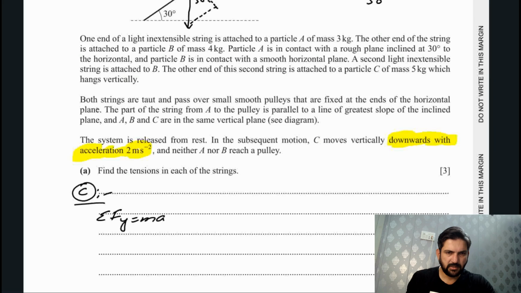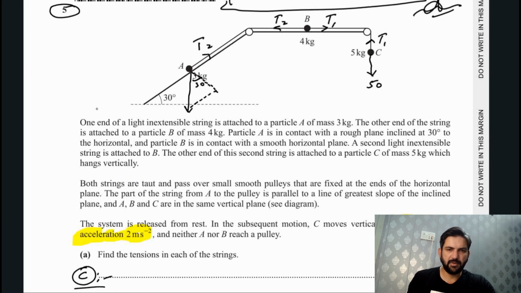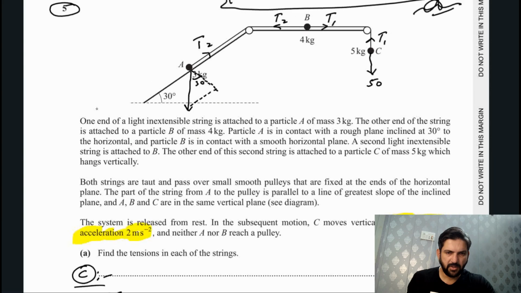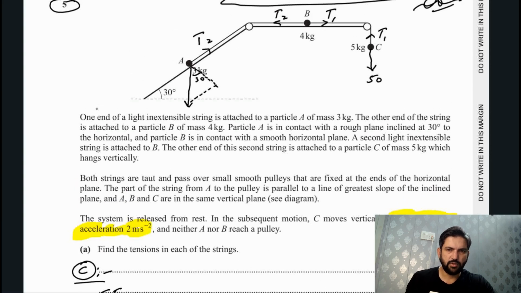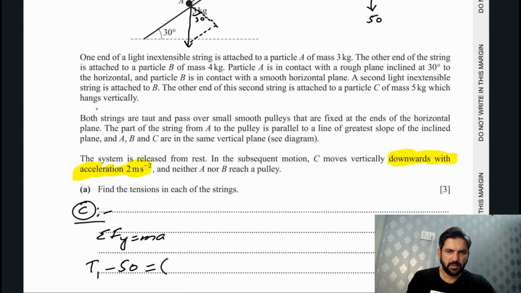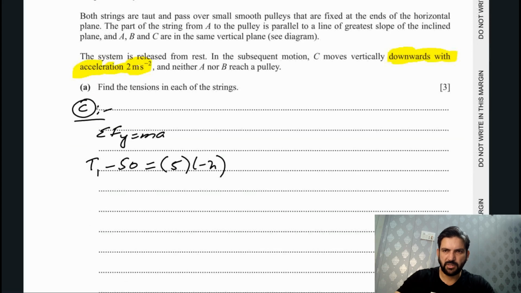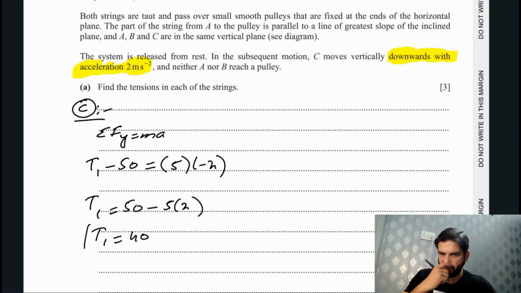So T1 minus 50 equals the mass of C, which was 5, into the acceleration. The acceleration is going downward, so 5 into minus 2. From here we can easily find the value of T1. T1 will be 50 minus 5 into 2. So T1 will be equal to 40.